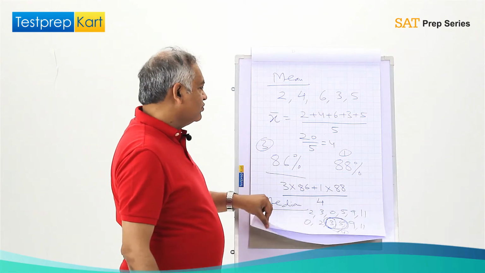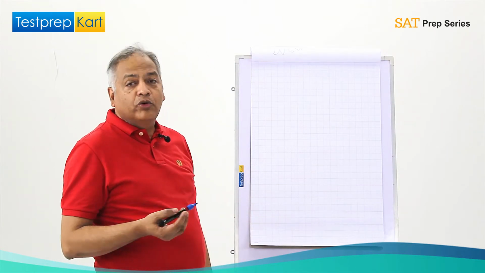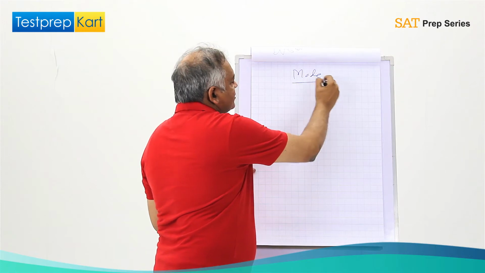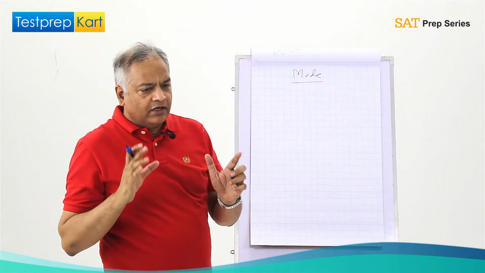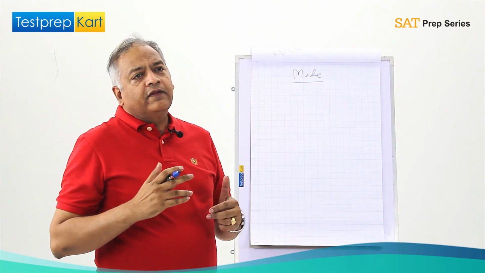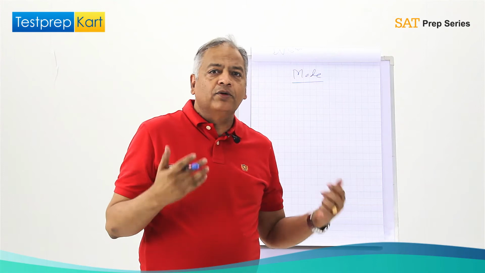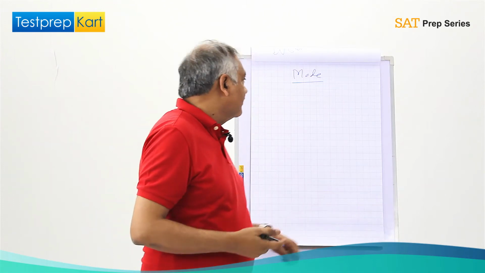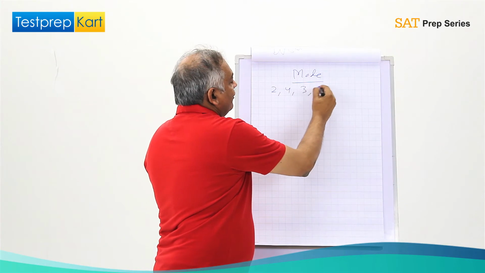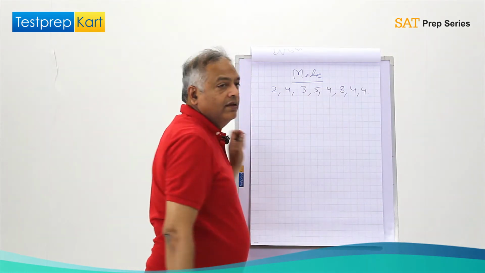Now, the next major central tendency is the mode. Roughly, you can say that the mode is the value which has appeared the most number of times in a particular set of observations. For example, if you have 2, 4, 3, 5, 4, 8, 4, 4.